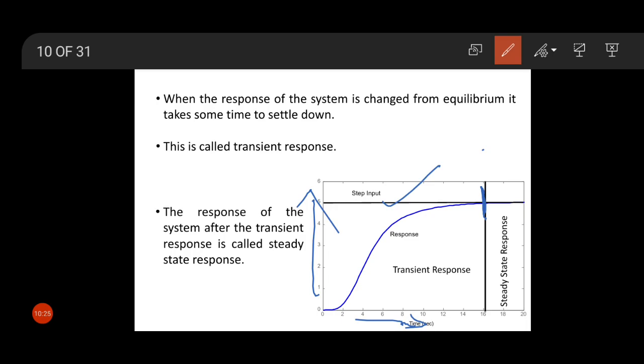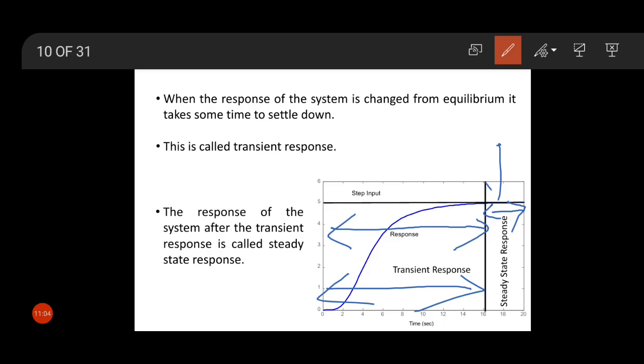Up to here it is varying with respect to time, and this part is constant. So this is called the transient response, and this is called the steady state response of the system.